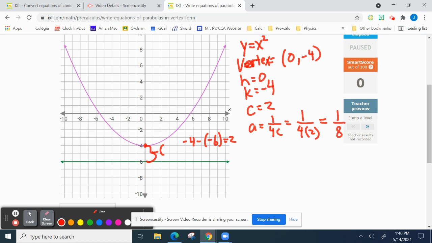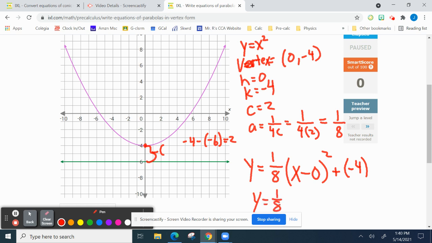Now we have everything we need. y equals 1/8 times (x minus 0) squared plus our k, which is -4. Simplify: y equals 1/8 x squared minus 4. And there is the answer.